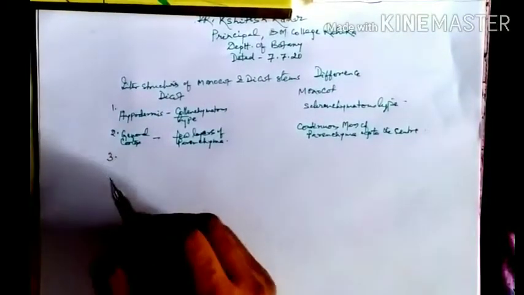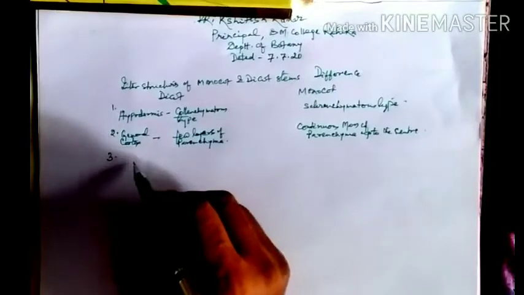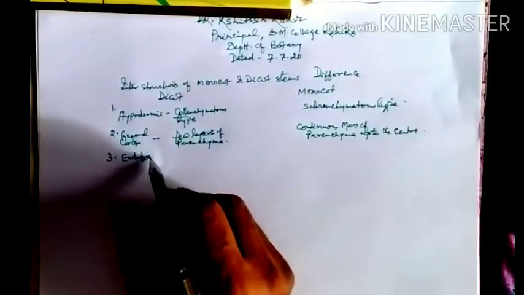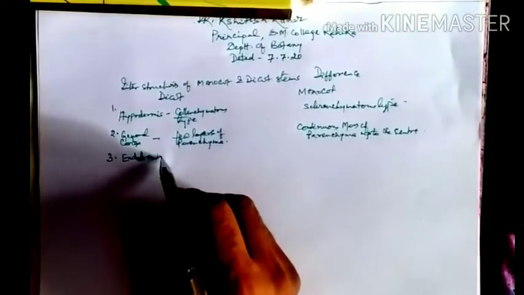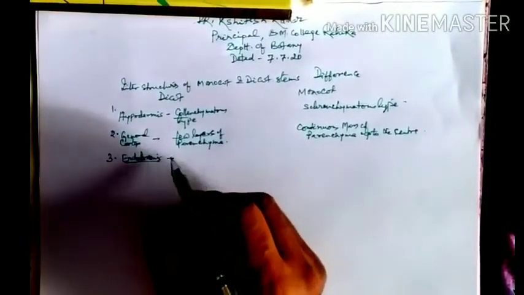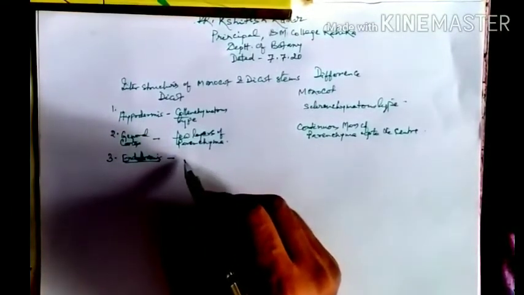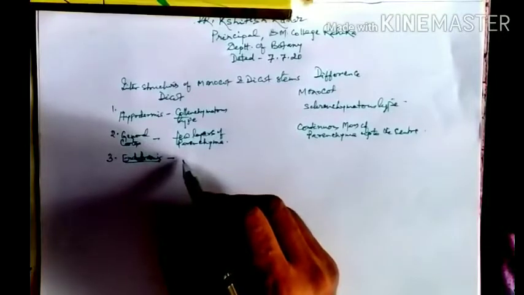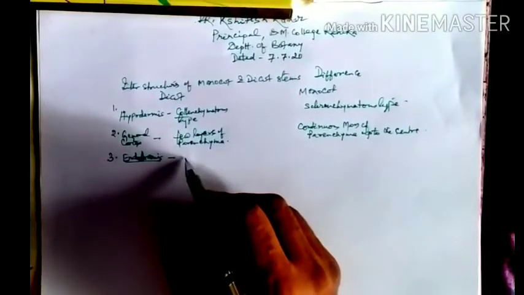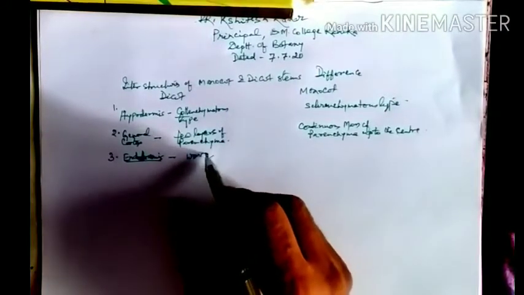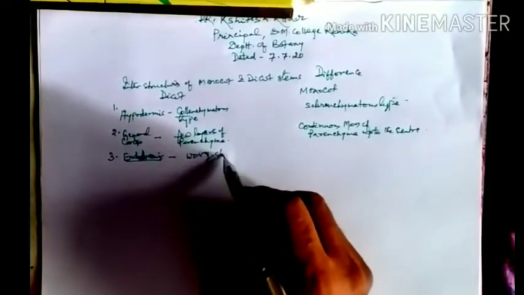The third difference is about the endodermis. Here in the dicot, the endodermis is of wavy structure.